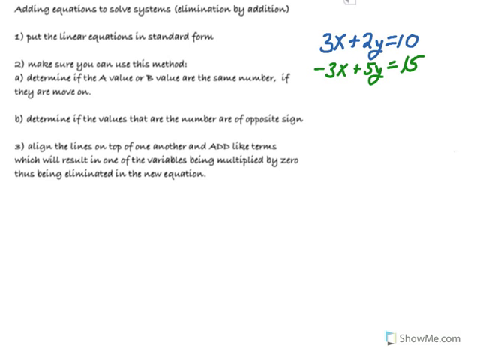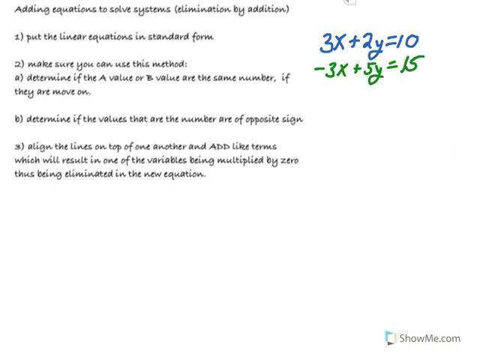The next thing we need to do is to align the two equations on top of each other as we have over here on the right, then add the like terms, which will result in one of the variables, x in this case, being multiplied by 0, thus being eliminated in the new equation.